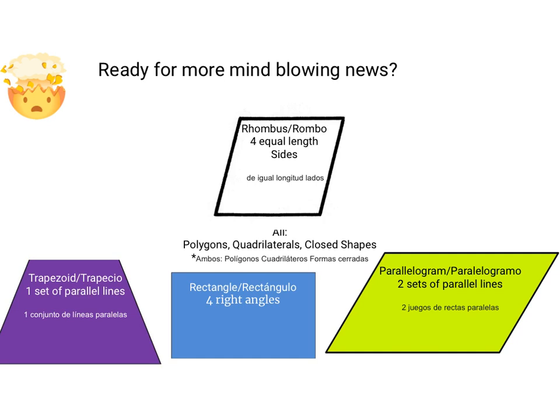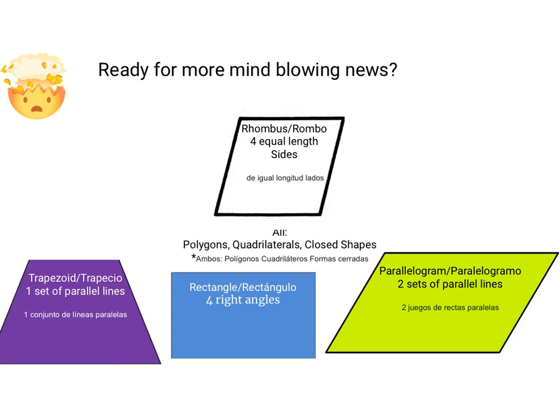So let's go ahead and talk about the connection then. So we noticed last week that some of these shapes had connections with other shapes, and that some of them were actually indeed one of the other shapes as well. So we're going to talk about that a little bit today. So the rhombus. Now, we've learned about trapezoid, rectangle, and parallelogram.